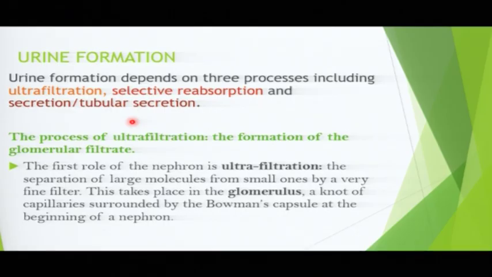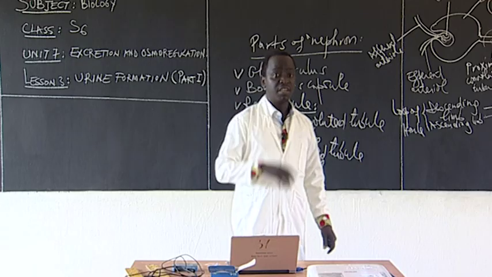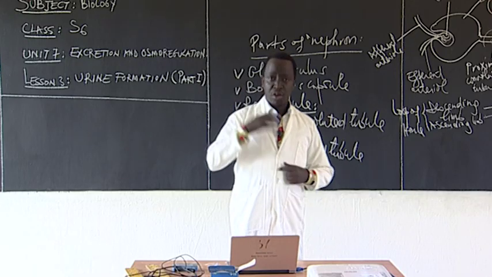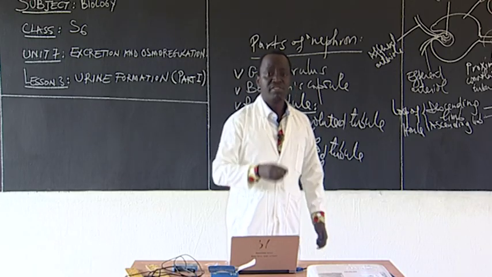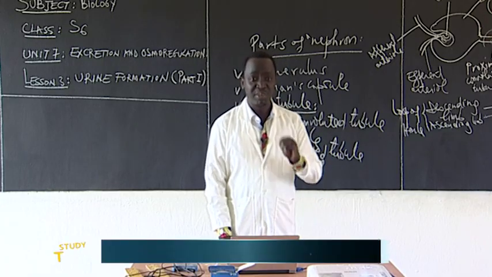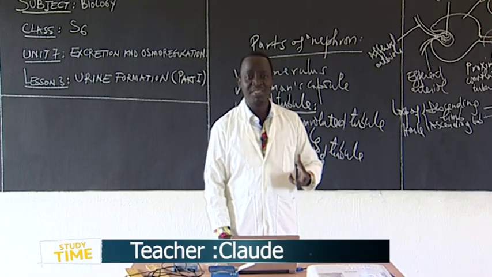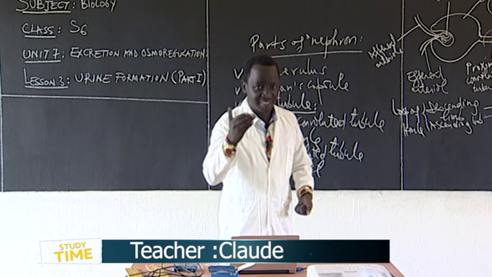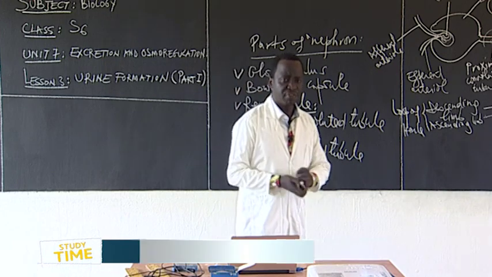They do not leave because they are large. Those large molecules are like red blood cells, proteins, and platelets. They cannot pass across the glomerulus.